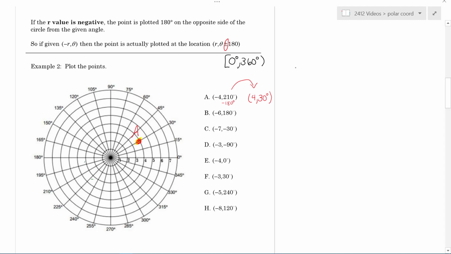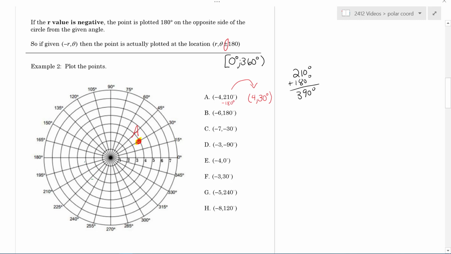However, if I had taken 210 degrees and I added 180, that would give me 390. 390 would be plotted still in the same location. So I would start at the positive x-axis and go all the way around the circle 360 degrees, and then I'd have to go 30 degrees more. So I would still plot the point there. But getting an angle that's above 360 makes things just a little more complicated than they need to be.